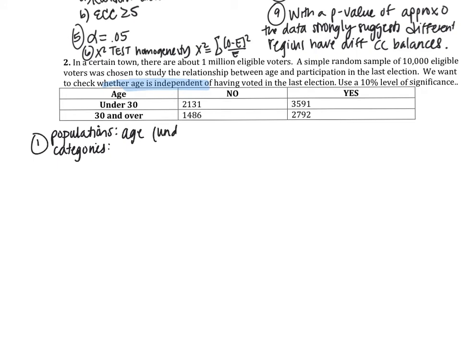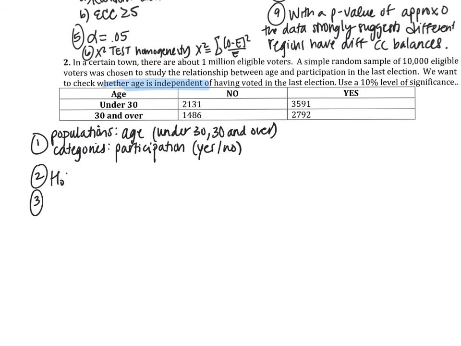So we've got under 30 or 30 and over. And for categories, we have participation, and I could have chosen yes or no. All right. Steps 2 and 3 always are going to be very similar to this.